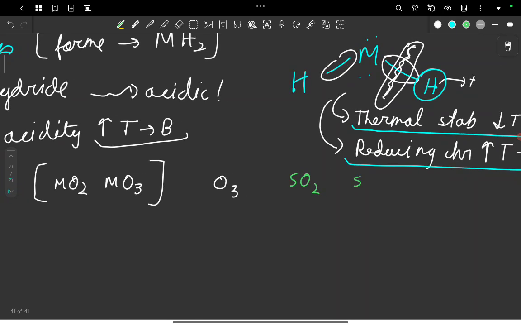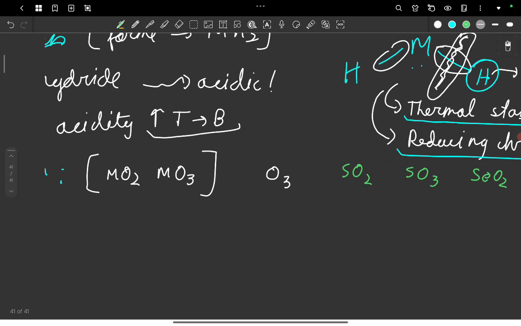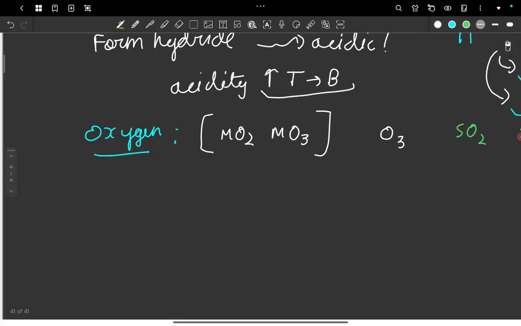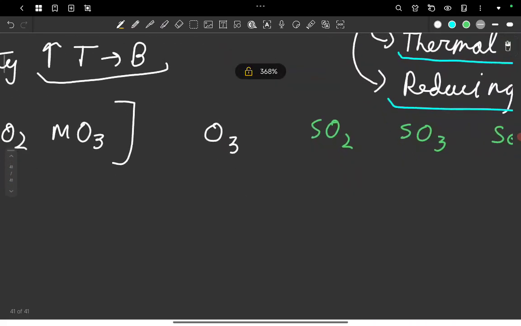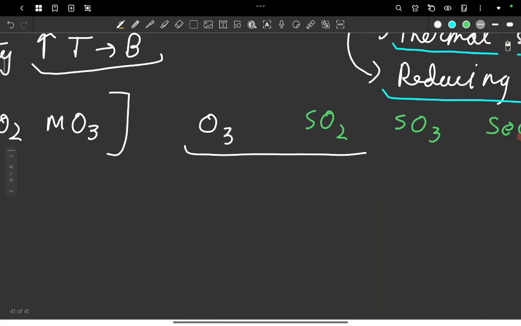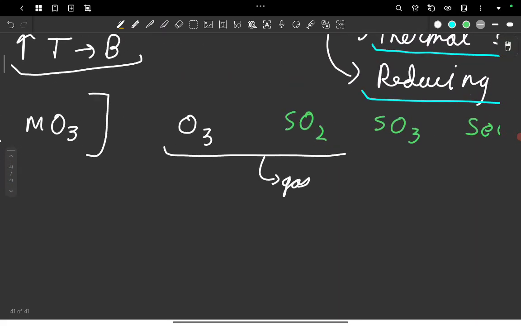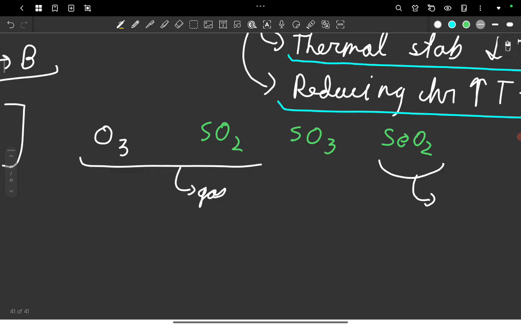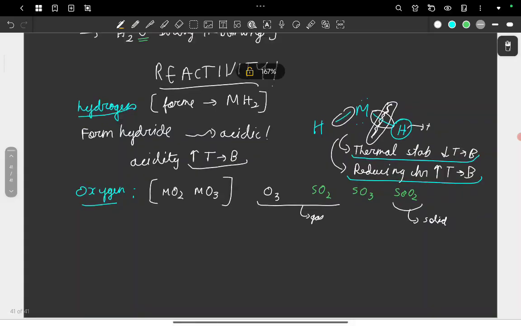They can form sulfur trioxide. They can form selenium dioxide. Now there are some extra physical properties mentioned here, that ozone and sulfur dioxide are gases. Selenium dioxide is solid. You don't need to remember this, but I have written it.